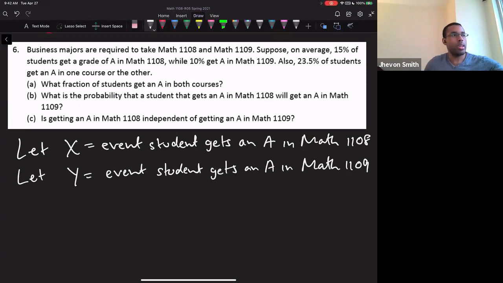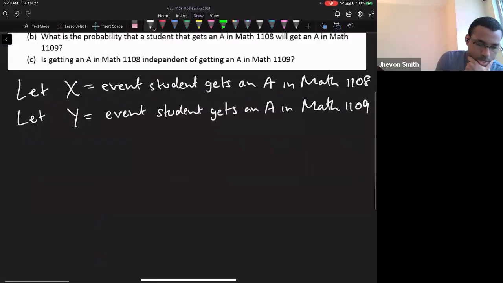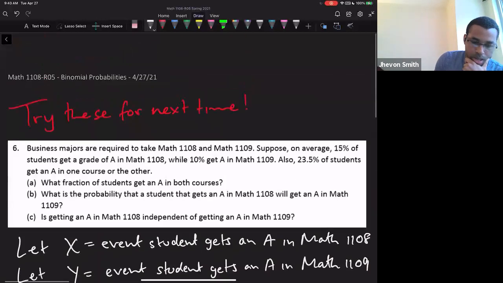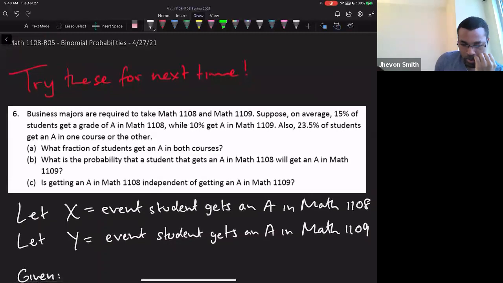Now, once we set that up, we can start talking about what the given probabilities are. What do we know? What were we told so far? We know that 15% of students get an A in 1108.